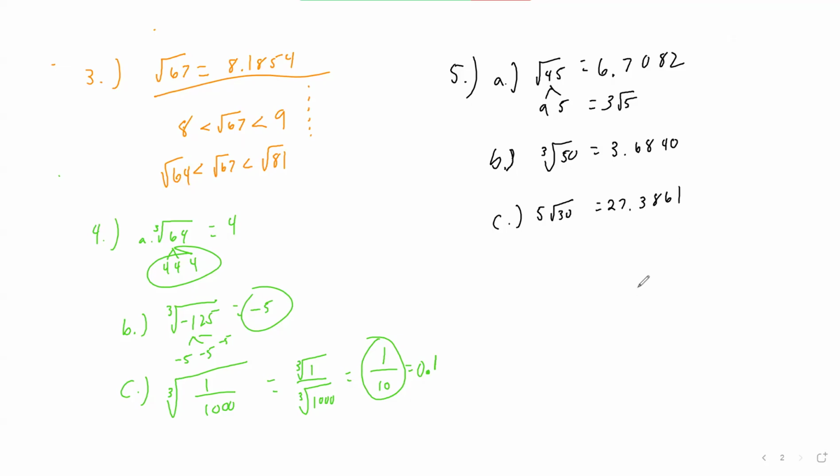There you go. So for your phone, I would do the square root of 30 first and then times that answer by 5.